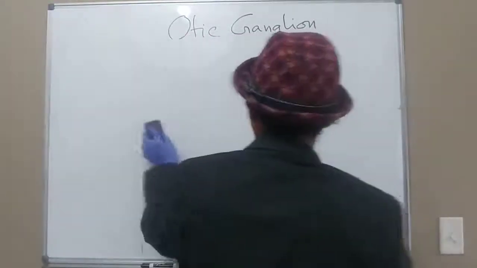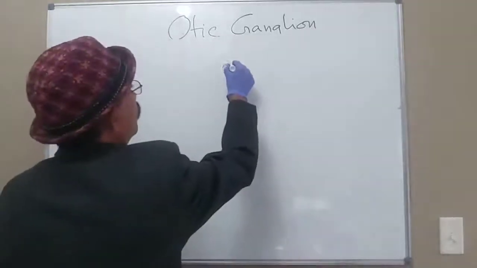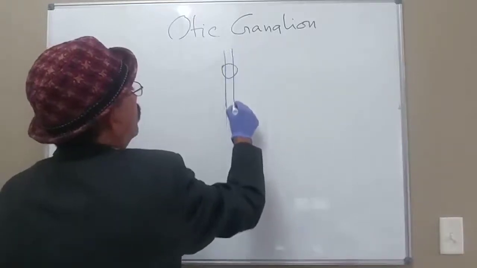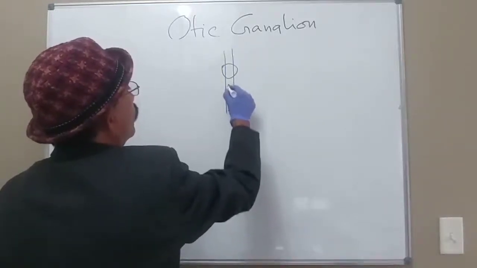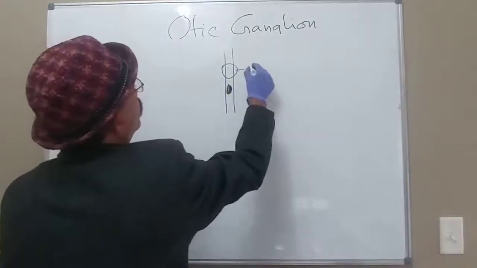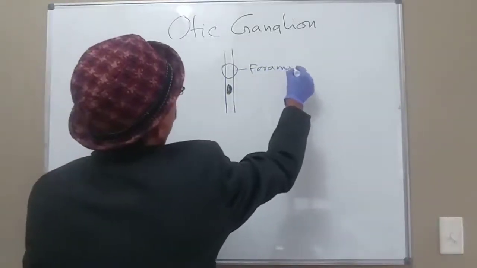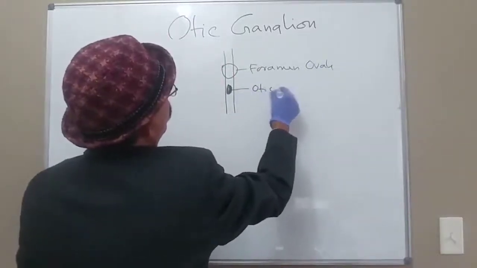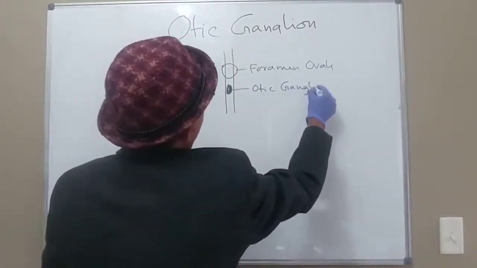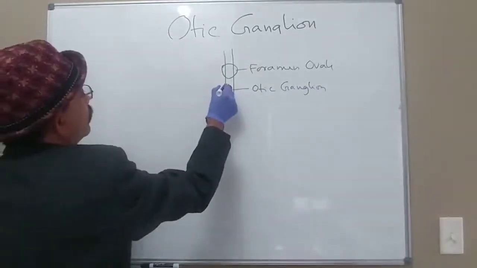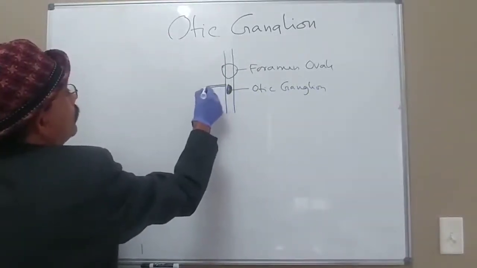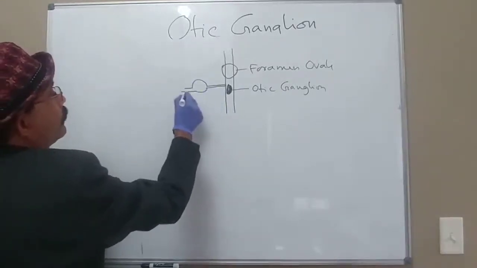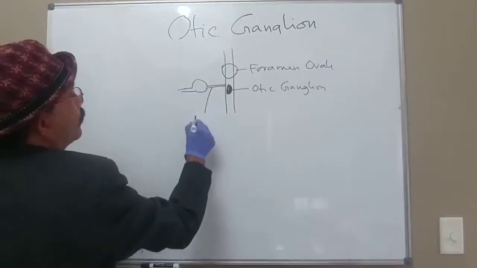It is in the infratemporal region. So this is the foramen ovale, and it has the mandibular nerve, and this is the otic ganglion. And we have the auriculotemporal nerve that encircles the middle meningeal artery.